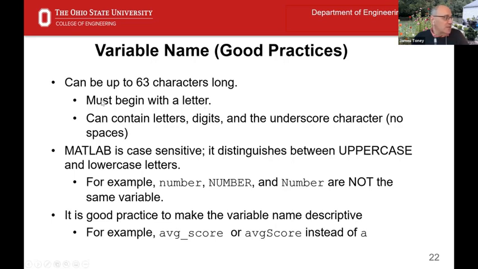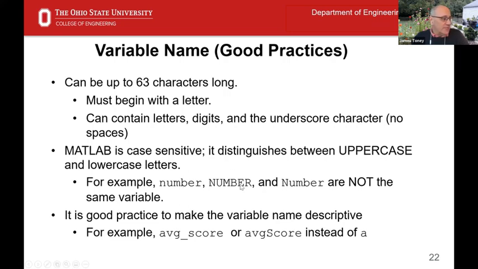Okay. Variable names can be up to 63 characters long, but they have to begin with a letter. And the only special character you're allowed to have is an underscore. You can't have a $ sign or exclamation point or anything like that. And of course, no spaces. And remember, they are case sensitive.